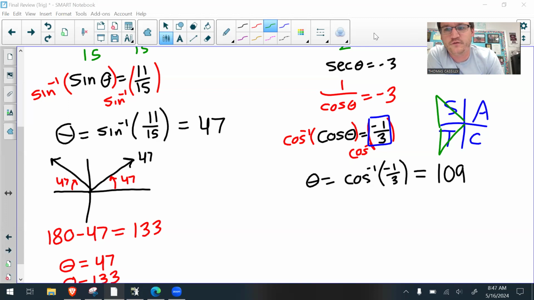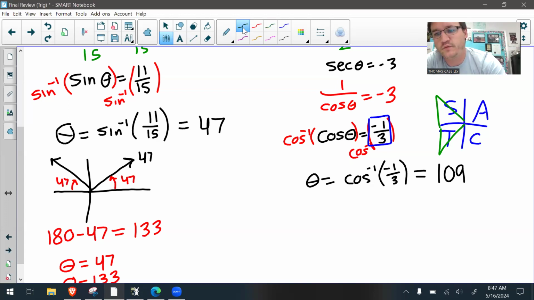Let's see here. So the 109-degree angle that they give us is one of the answers. However, we need to use that 109 to help us figure out the reference angle. Right, so this 109-degree angle is right here.